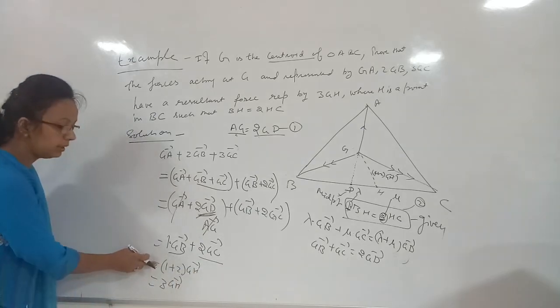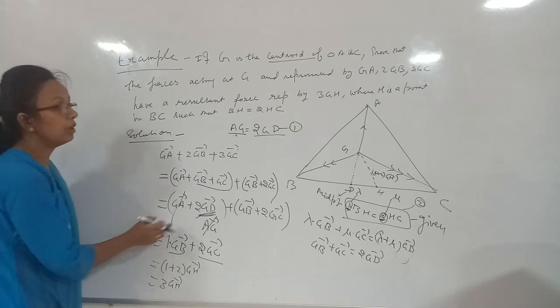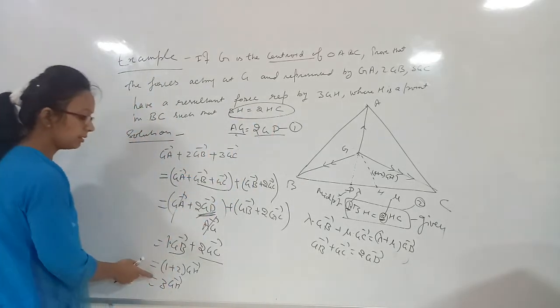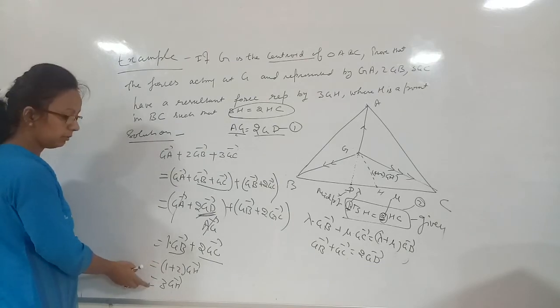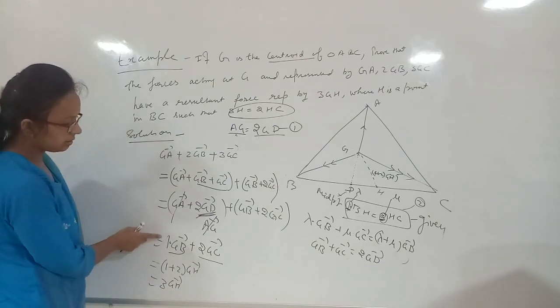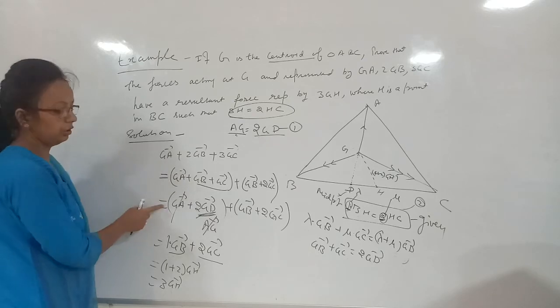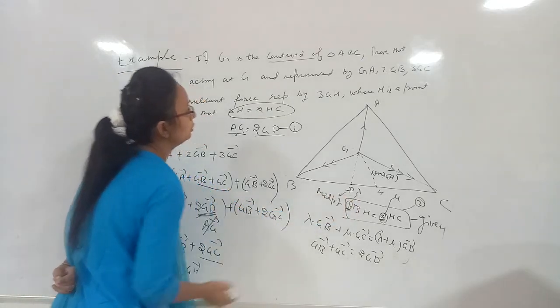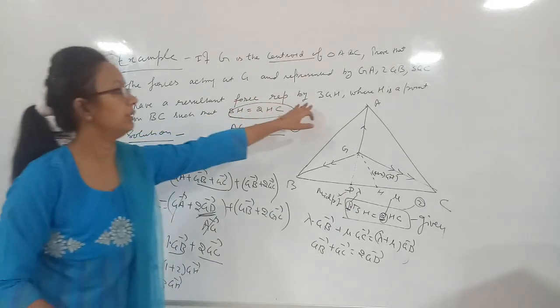We can apply the lambda mu theorem here only because this is given; otherwise we cannot apply it in the second term. In the first we applied the midpoint theorem, but here we are applying the lambda mu theorem using this result. So we have proved that the resultant is 3GH.